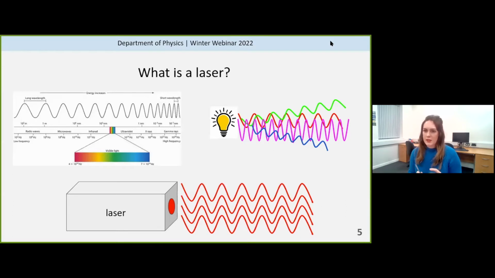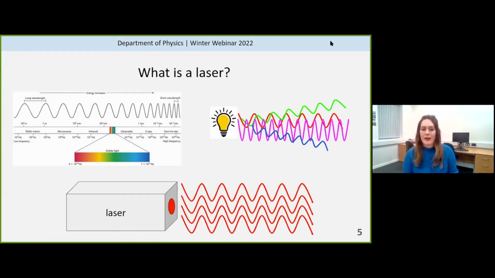So we won't just have one single wavelength, you'll have lots of different wavelengths and lots of different colours. Additionally, you'll find that each wave might have different amplitudes, or some waves will be stronger than others. And additionally, they'll be spaced out spatially. So you'll find that there'll be quite a large divergence. It won't necessarily be going in a super straight line. It will be spreading out when you actually fire it as well.